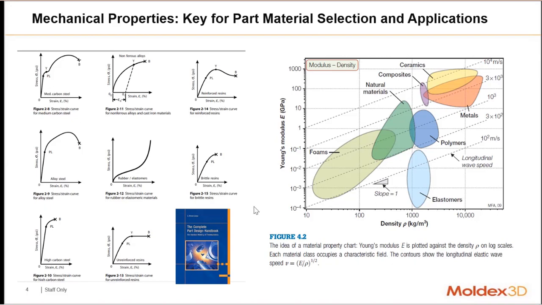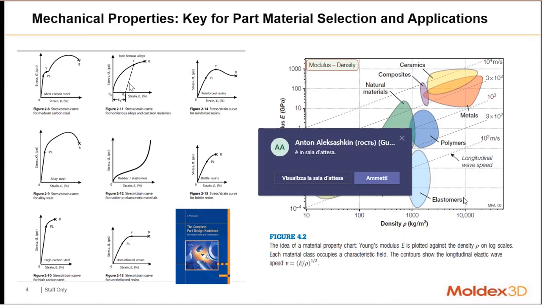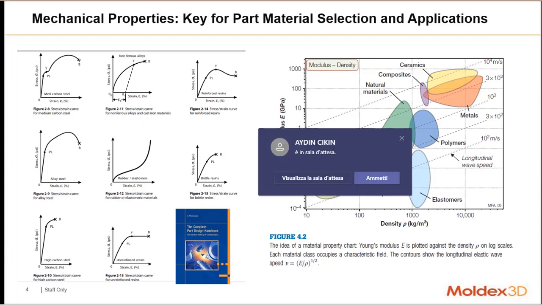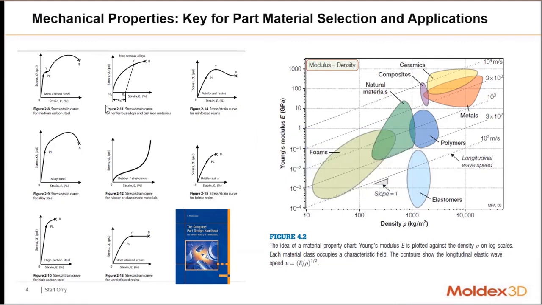And once we choose the material, its mechanical curve is the second thing we need to consider, because we want the molded parts to have enough strength and be applied in different environments and scenarios. So we need to check its strength curve. Usually mechanical property is key for part material selection.